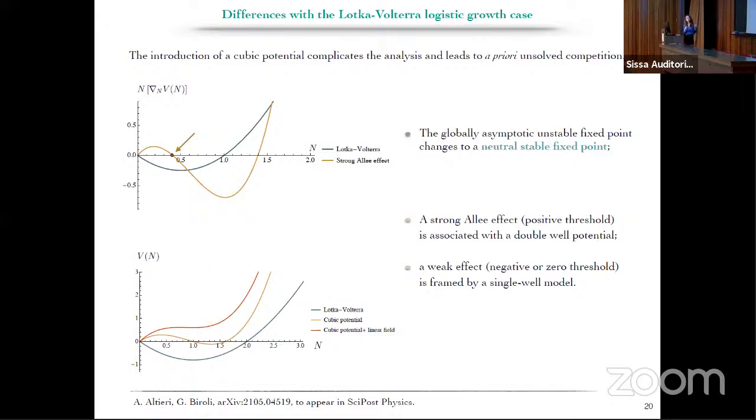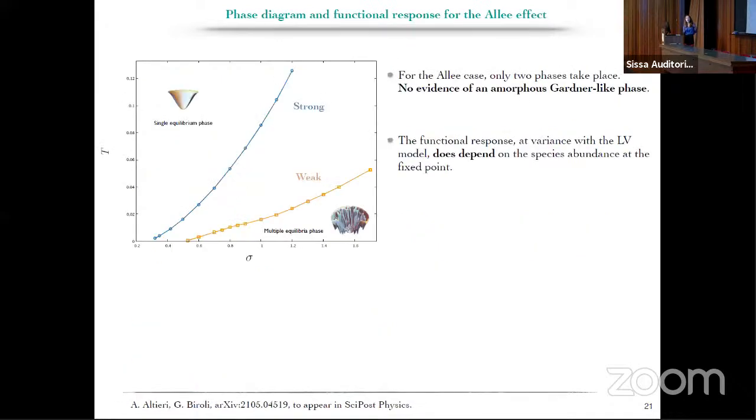So given these premises, what can we state in terms of the phase diagram and the responses of this system? Well, we did exactly the same study as for the Lotka-Volterra model, where we plot the amplitude of the demographic noise as a function of the heterogeneity parameter. But again, with respect to the Lotka-Volterra model, we found a completely different situation.